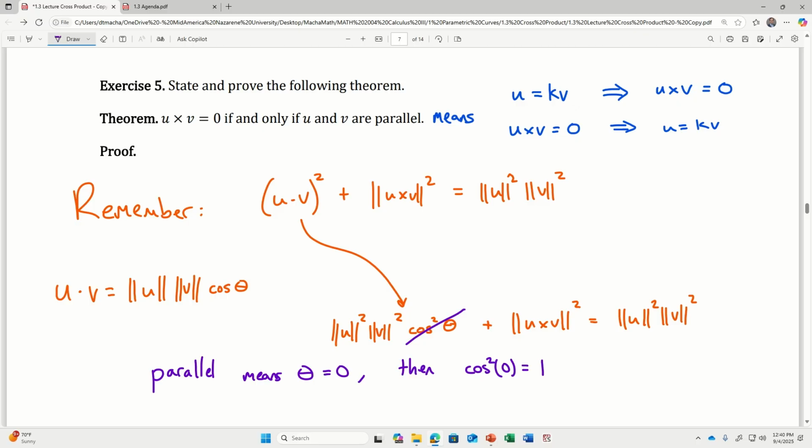And so now my equation looks like norm of u squared times norm of v squared plus something equals norm of u squared times norm of v squared. So that means the norm of u cross v squared has to be 0 for that equation to be true. So that means u cross v norm squared must be 0.